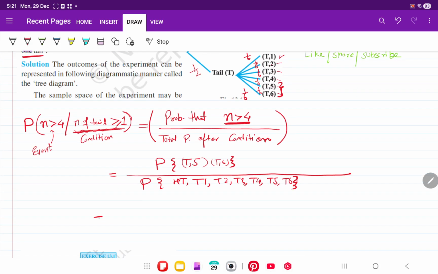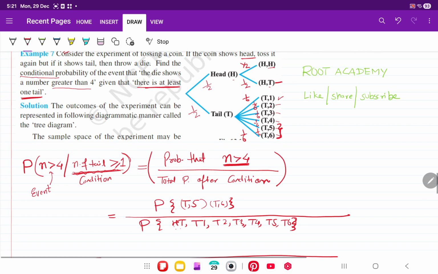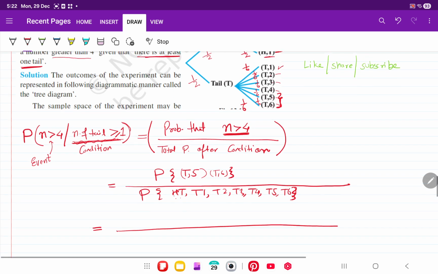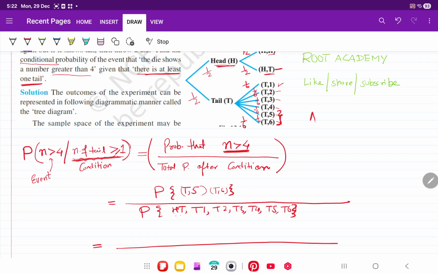So how to find the probability? Head and tail, first head and tail. So here what will be the probability? Head and tail. So first head came is 1 by 2 and tail came is again 1 by 2, correct? Whenever in probability there is 'and', we multiply. Always remember, we multiply.